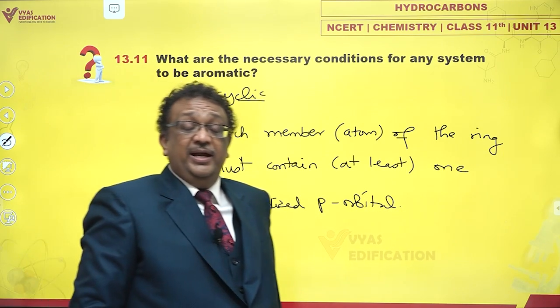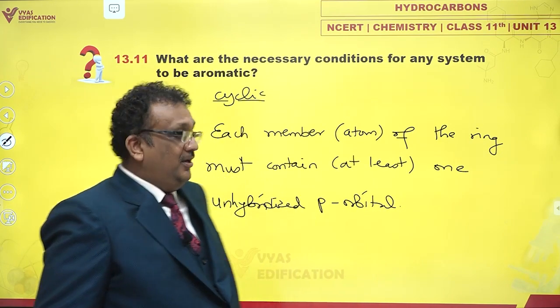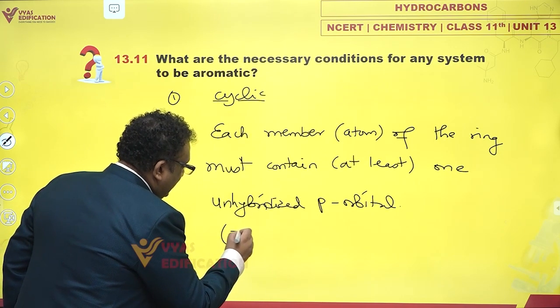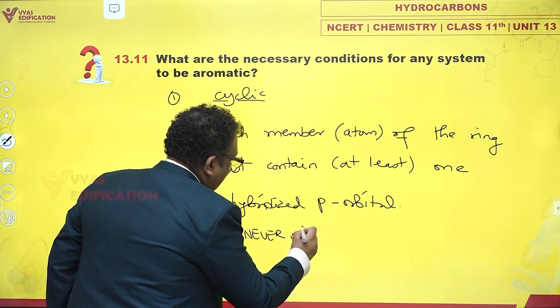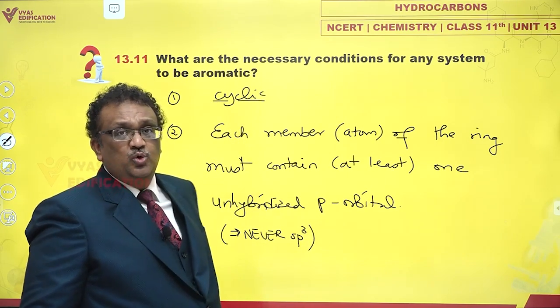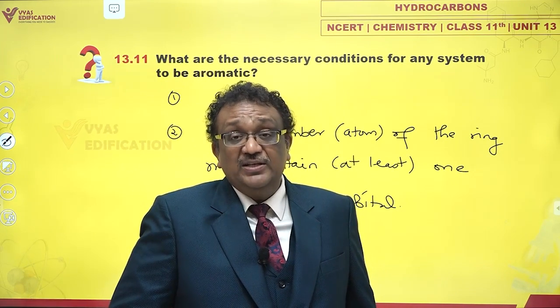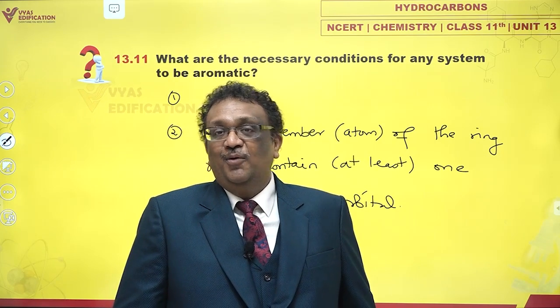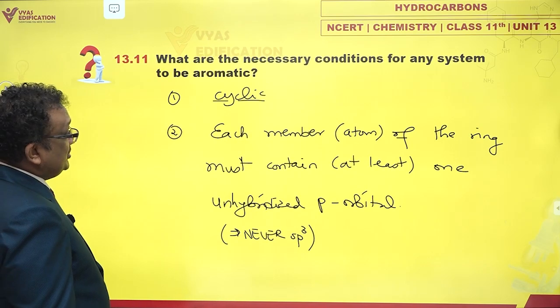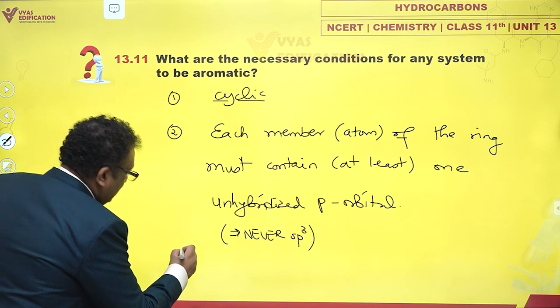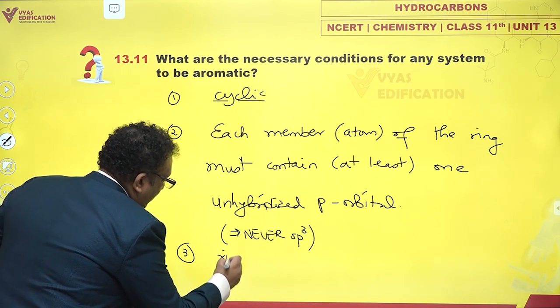That means it can never be sp3. It is usually sp2, and in rare cases it may even be sp, but it is never sp3. Fine. Anything else? Yes. Third point, the ring must be planar.